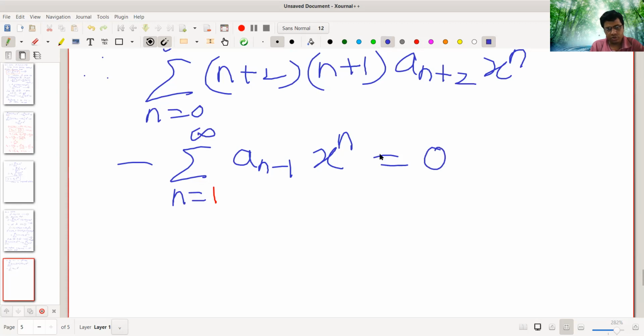And equal to 0. Okay, now remember that in the first term we have n equal to 0, starting value is 0. In the second term we have starting value 1.